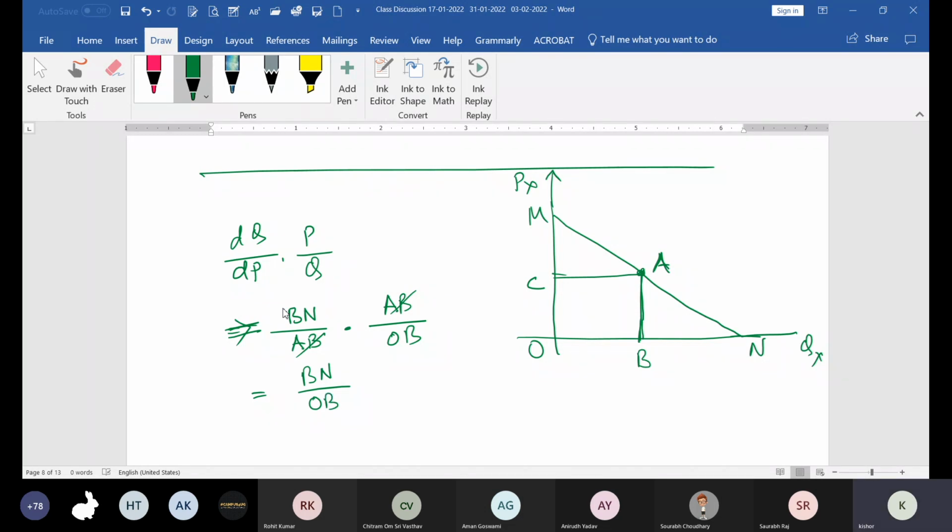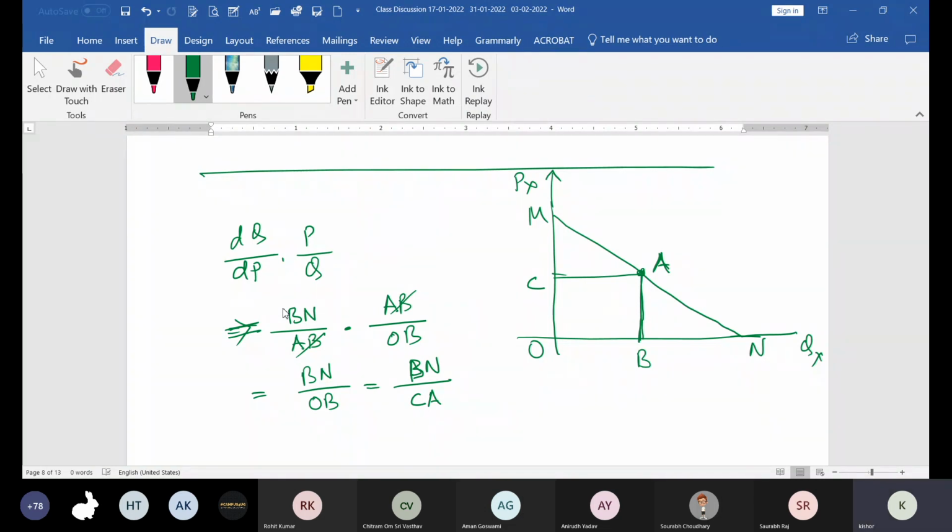Now you are considering this triangle also. Instead of OB, you are writing CA. So you are writing BN by CA. Now you consider these two triangles, MAC and ANB.